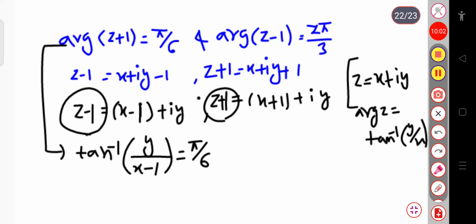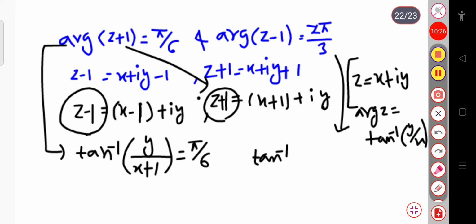Sorry, this one is z minus 1 and this is z plus 1, so let me correct this. Here the part for z plus 1 will be tan inverse of y by x plus 1, which equals pi by 6.